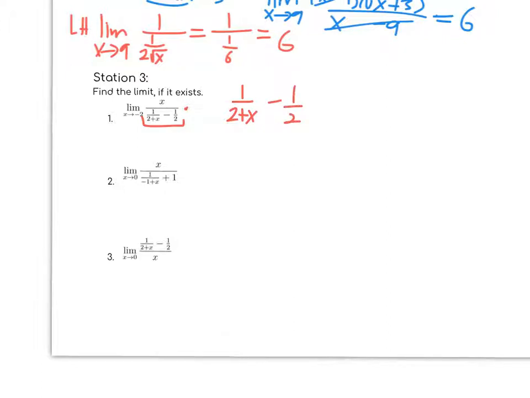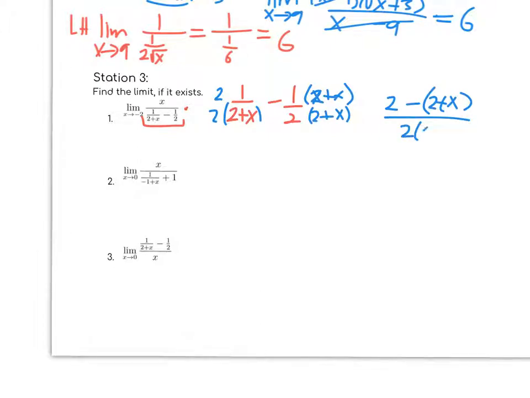To find a common denominator, I'm going to multiply this by 2 plus x over 2 plus x, and this by 2 over 2. All right, so that gives us on top 2 minus 2 plus x, and the bottom 2 times 2 plus x.